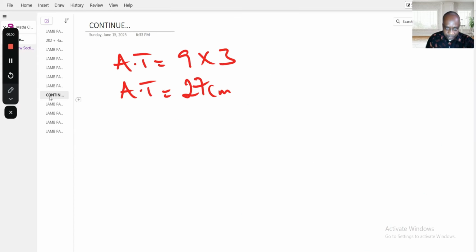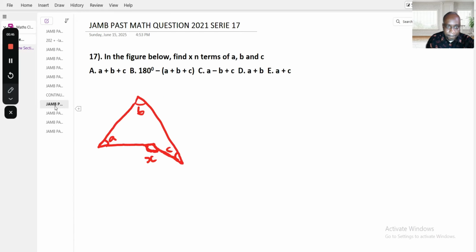Let's move to the next question. In the figure below, find x in terms of a, b, and c. When you see a question like this, the sum of the interior angles is equal to the exterior angle. Now, a plus b plus c equals to what?